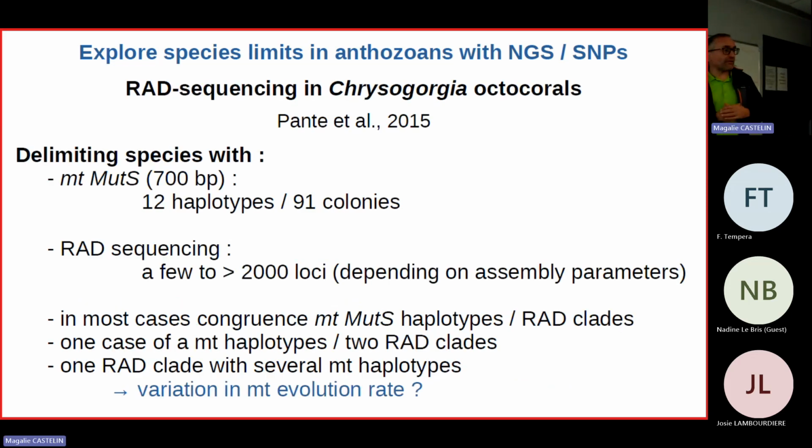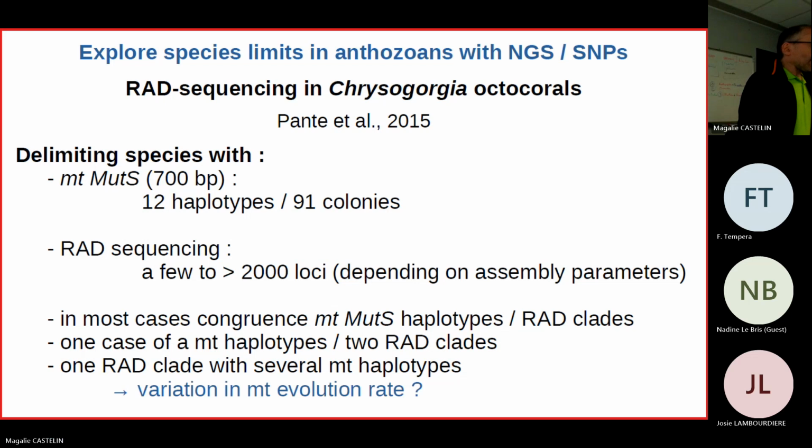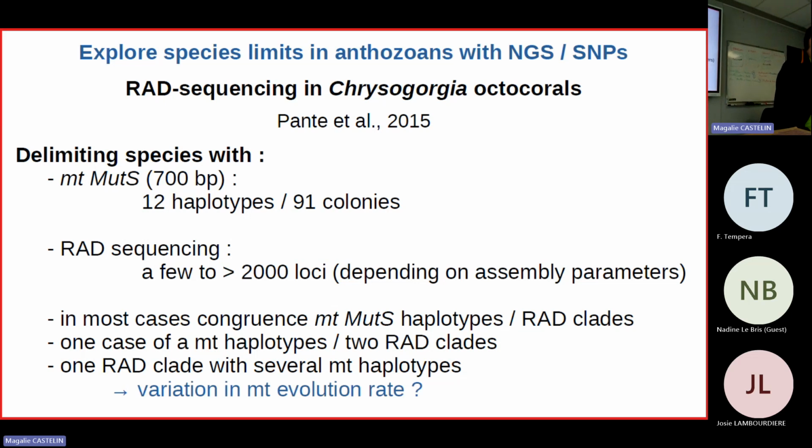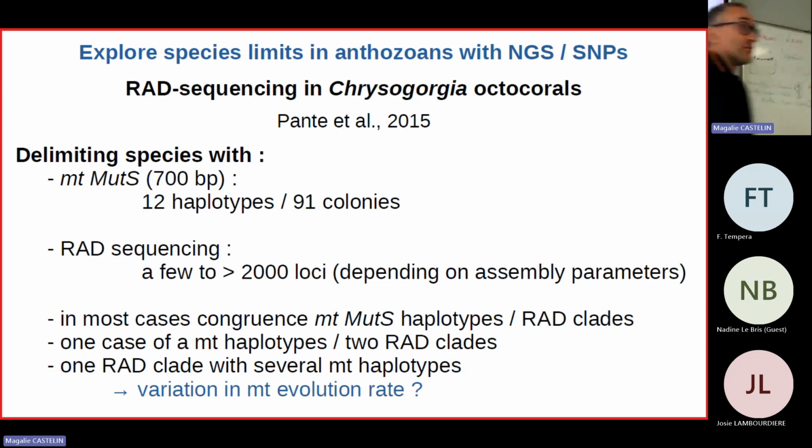So just an example of the use of RAD sequencing to the question of species delimitation. It's the article of Eric about Chrysogorgia octocorals, where, so you correct me if I go fast on that, he compared the information gained with mitochondrial DNA, here with the mutase locus I mentioned before.